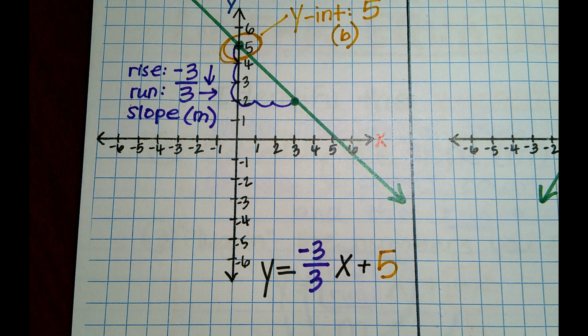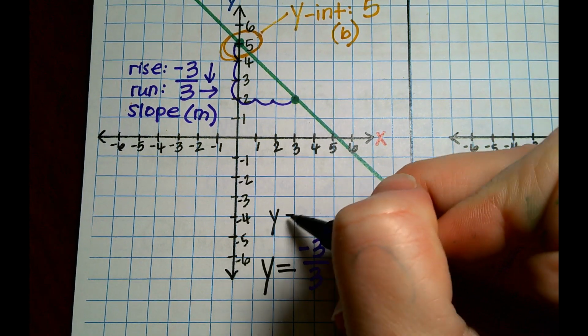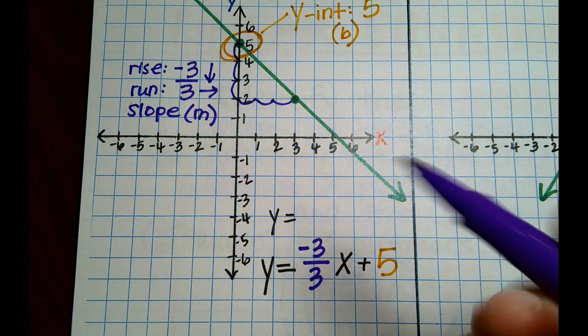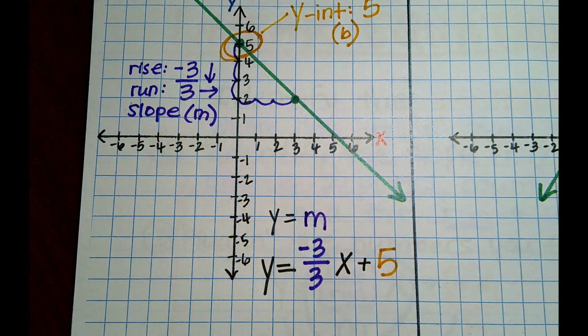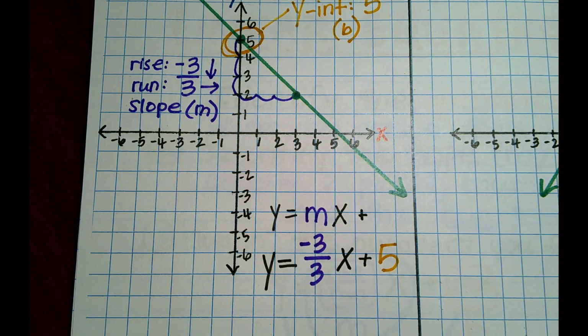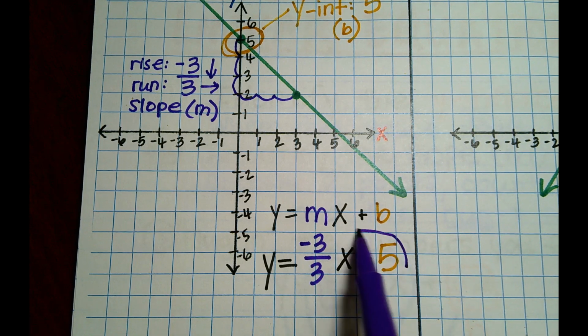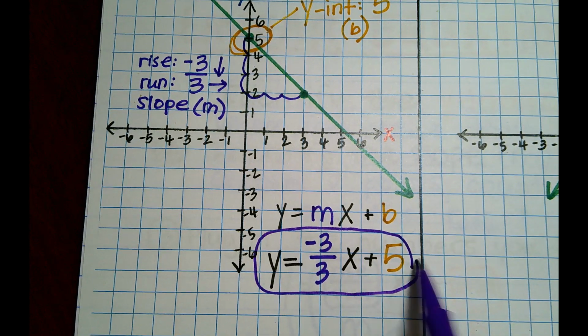That is our equation. And right above it, I'm just going to write that y equals mx plus b as a reminder. That's where these numbers came from. Our slope and our y-intercept. The m and the b. And this is our answer. Very nice.